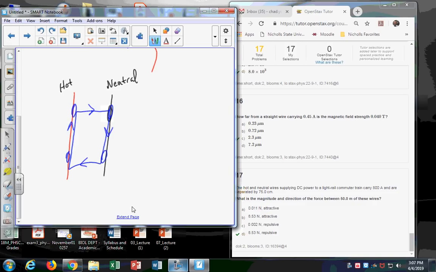So you actually get a big loop of current, and then when you have two wires with currents in opposite directions, like this, and as you know, those are going to feel a repulsive force. If they're in the same direction, they feel an attractive force. So that's why it's repulsive and not attractive, because you actually get a big loop of current going, but you don't get current going in the same directions. That wouldn't work for the train. It wouldn't provide any power to the train.